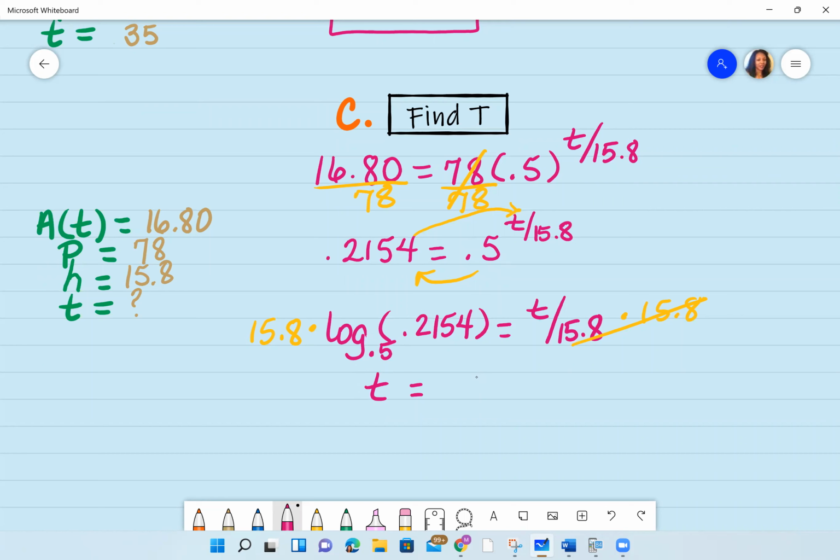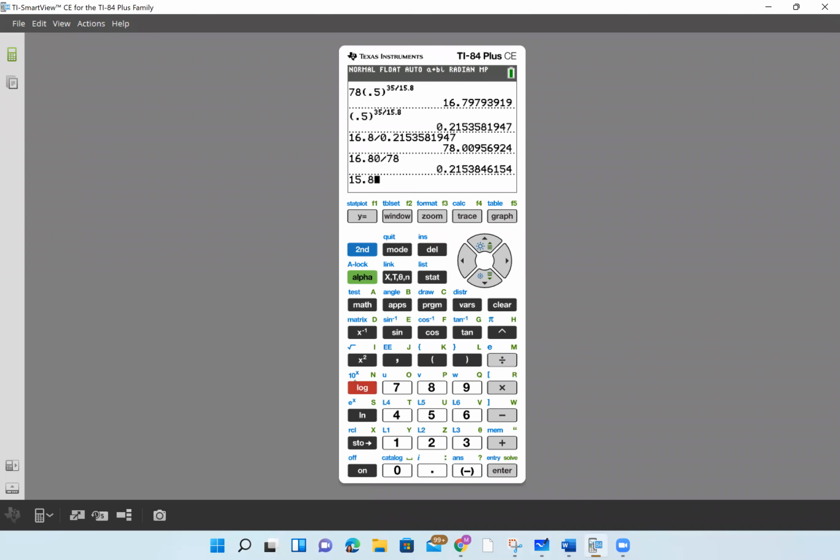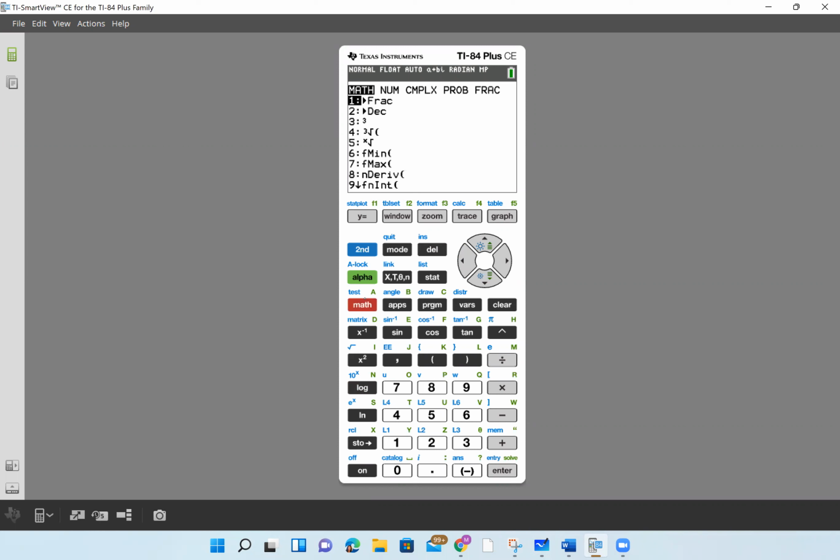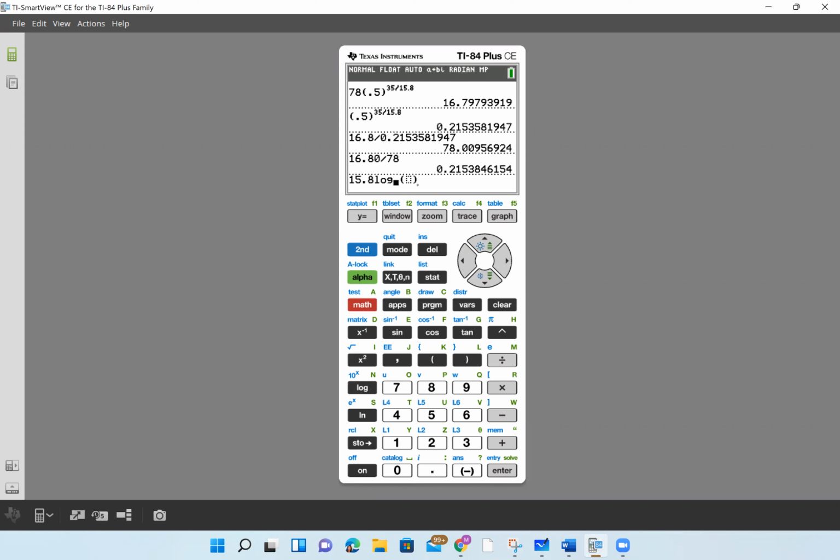So instead of pressing this log button, which tells me the log base is 10, I don't want that. I want to go to math, and I can either arrow all the way down to A or just hit alpha, which is green, and then above math, you'll see a green A. That allows me to put in a new base, which is 0.5, and then my value is 0.2154. And my answer is 34.99, which I'm going to round to 35.